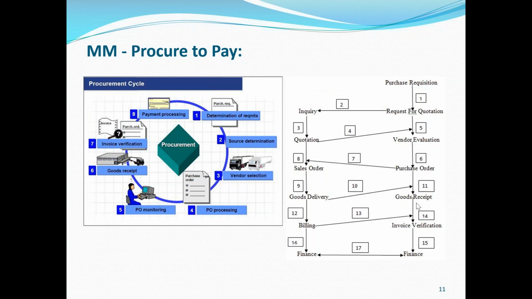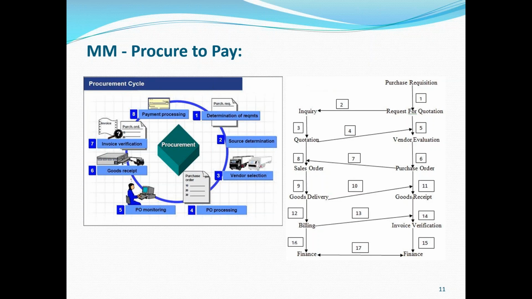After doing the goods receipt, once the supplier delivers goods as per the purchase order, the supplier will bill. In the form of a commercial invoice, they submit the invoice. This invoice must be verified, because let's say we ordered 100 pieces, and the supplier delivered only 90 pieces.